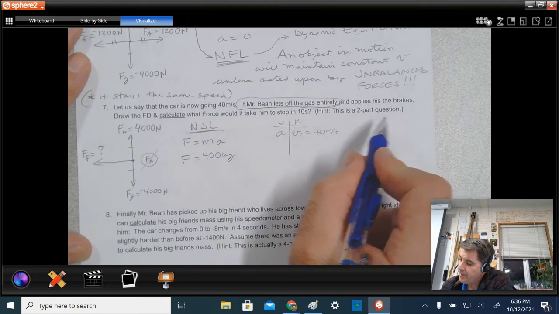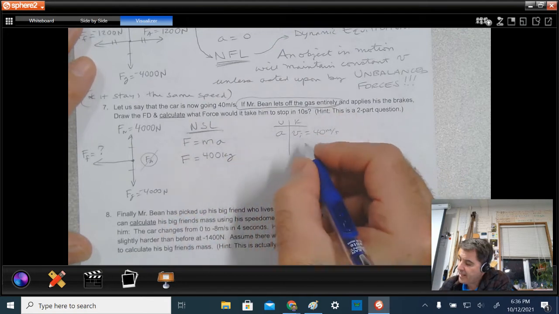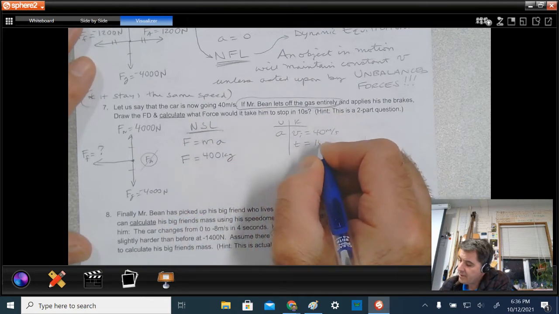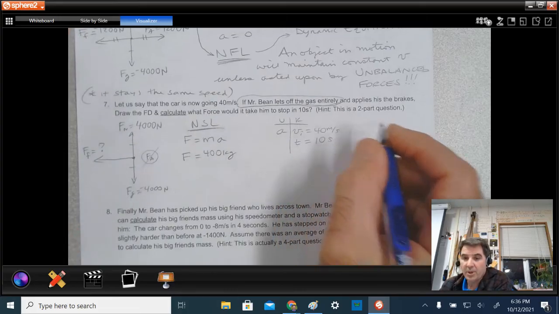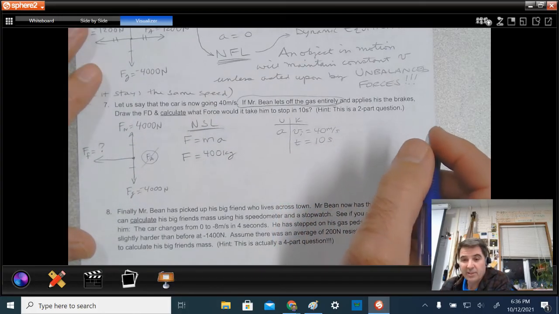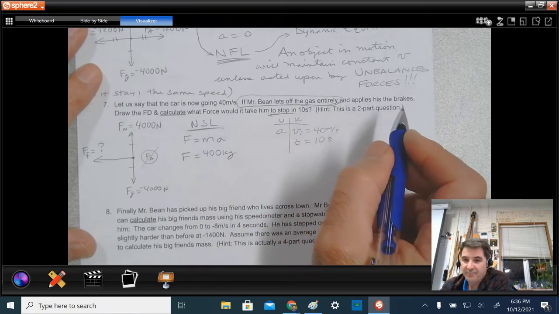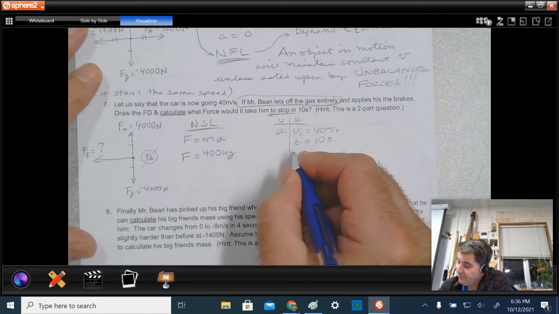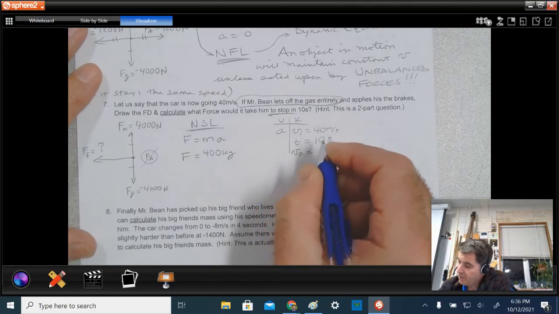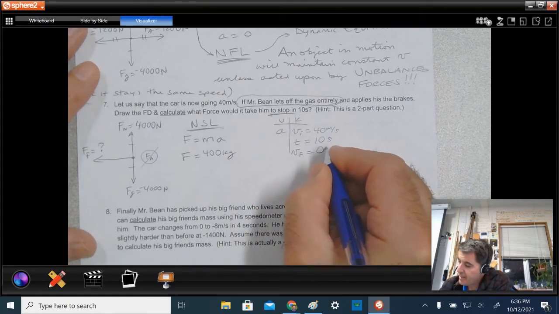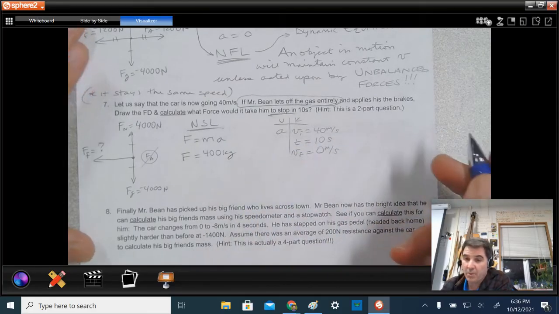And he applies the brakes for 10 seconds. And what else do I need? Well, I'm going to stop, right? What's my final velocity? Vf equals 0 meters per second. So what equation would go with this?